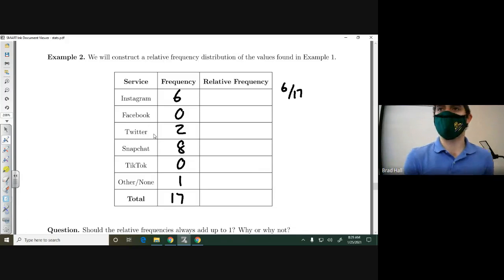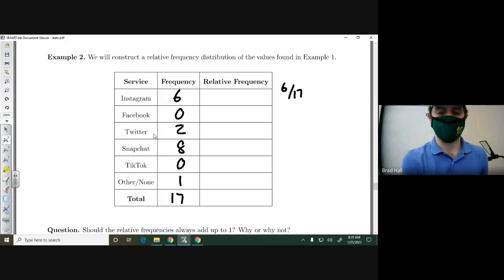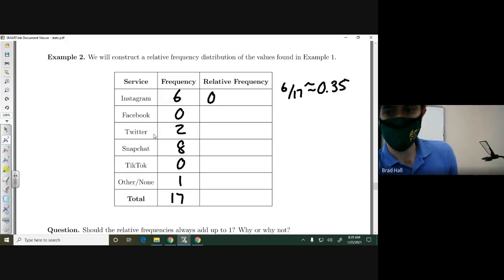And generally, this is represented in its decimal form. You can also think about it as a percent as well, but in terms of the table, they normally use the decimal form. So this is about 0.35. So that's exactly what we'll put here.